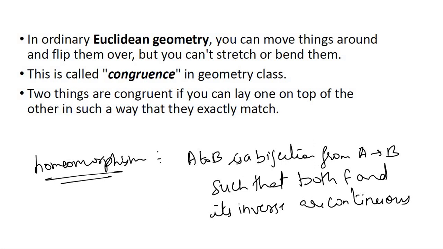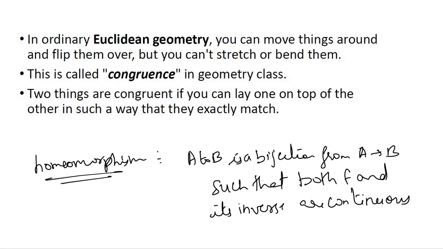Two things are congruent if you can lay one on top of the other in such a way that they exactly match. But in the case of topology, to these transformations you are adding some other transformations such as stretching, bending, blowing, etc. So if you are getting a continuous map, you can have the other way also a continuous map.